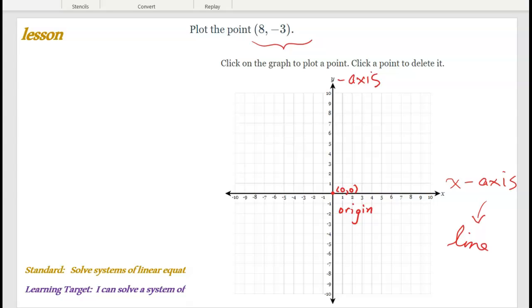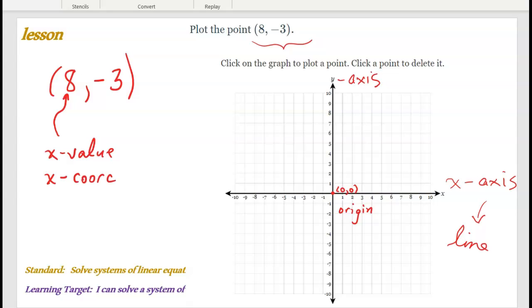So if you're going to plot the point 8, negative 3, the 8... Remember, you might already know this, but I'm teaching it as if you've never seen it. This is your x value, or your x coordinate. And here is your y value, or y coordinate.